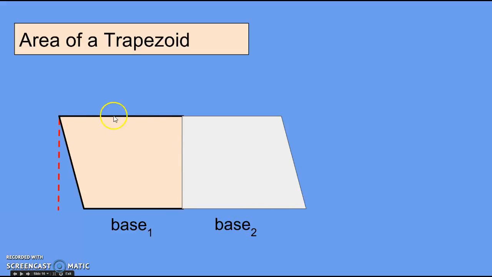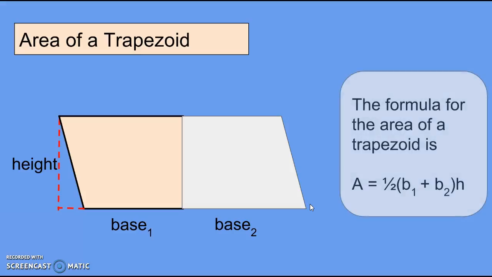And if I were able to flip my little figure this way, you would see that this is the same length as this base 2 here. So to use our formula, we are going to take 1/2 of the parallelogram. So we add the base 1 and base 2 and multiply it by the height.